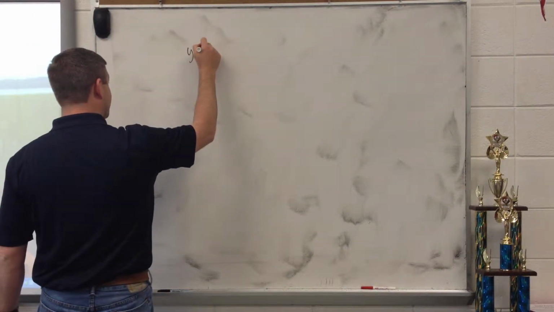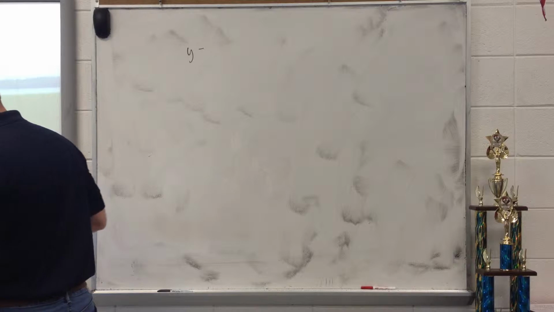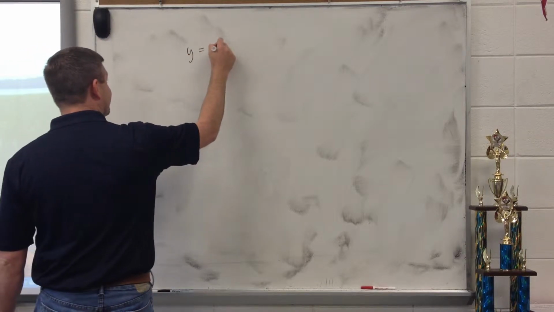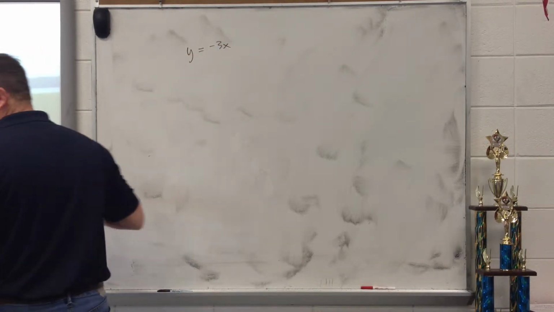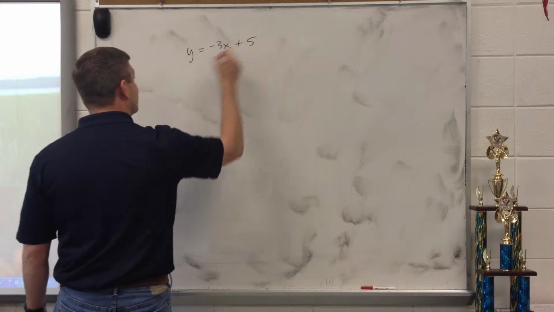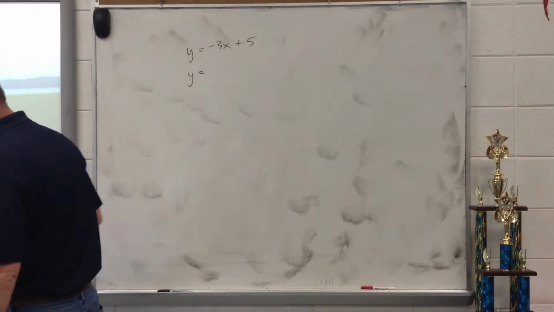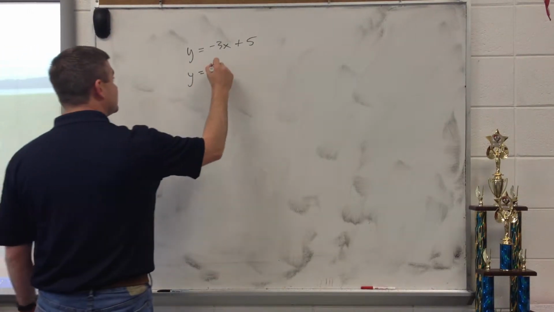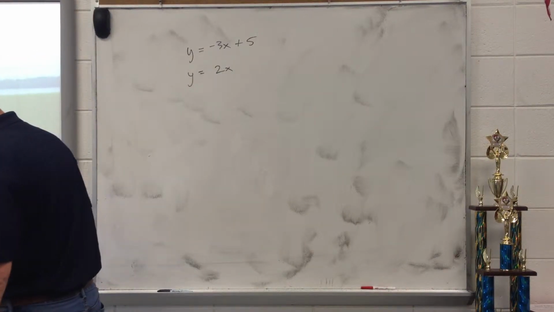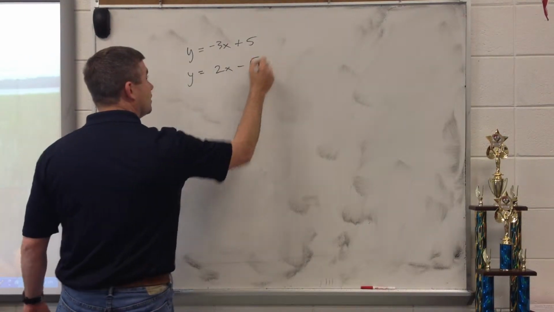The first example is y equals negative 3x plus 5, and y equals positive 2x minus 5.